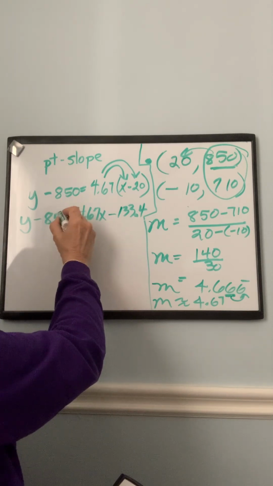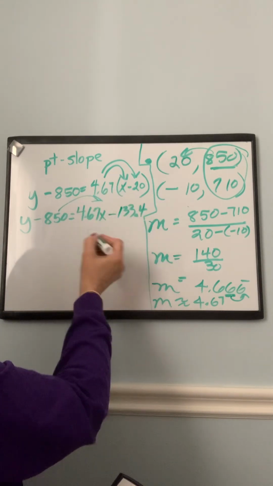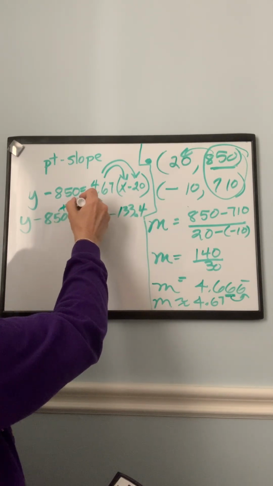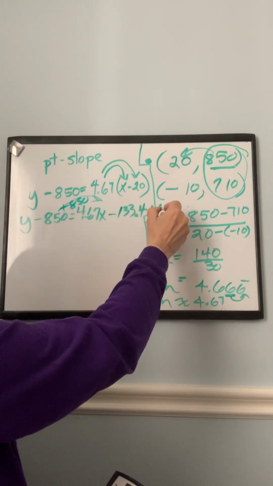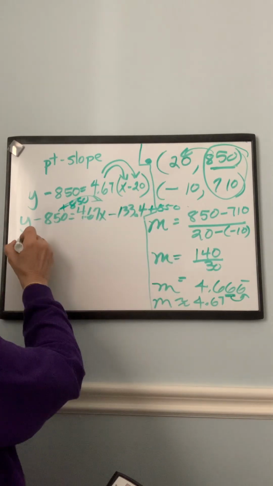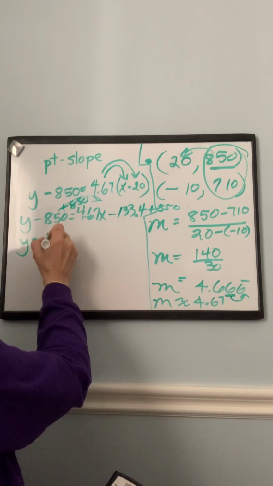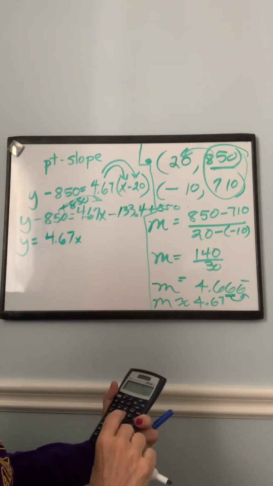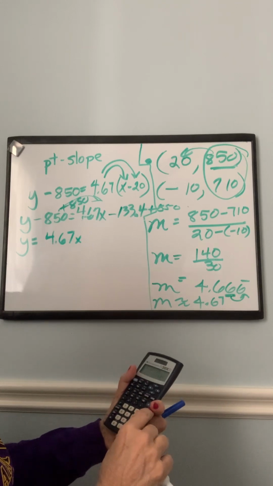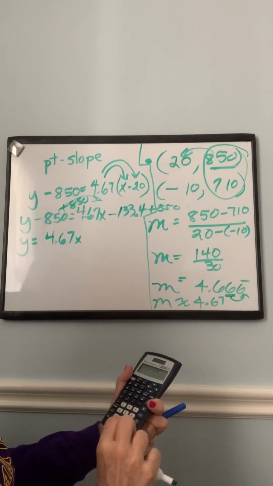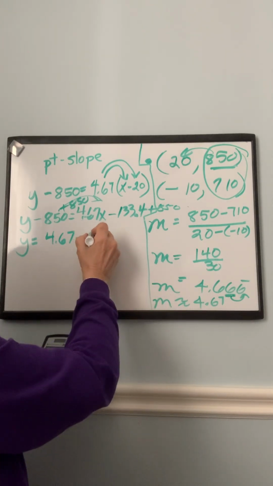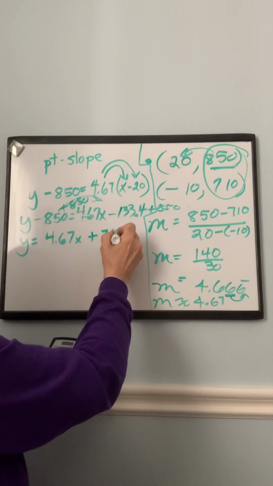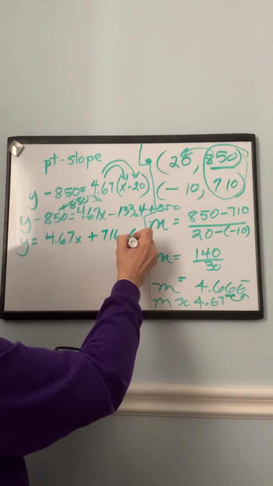Now to isolate my y, I need to move this 850 over, and I do that by adding 850 to both sides. So I get y is 4.67x, and then I have that negative 93.4 plus 850, and that gives me a value of 756.6.